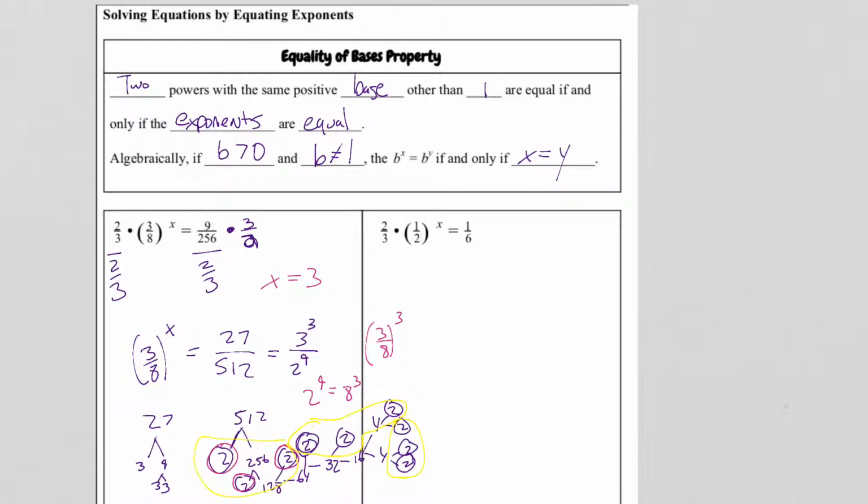Let's do this one. Times 2/3, divided by 2/3. If I divide by 2/3, it's the same as multiplying by 3/2. You get 1/2 to the x power is equal to 3 over 12, which is the same as 1 over 4.